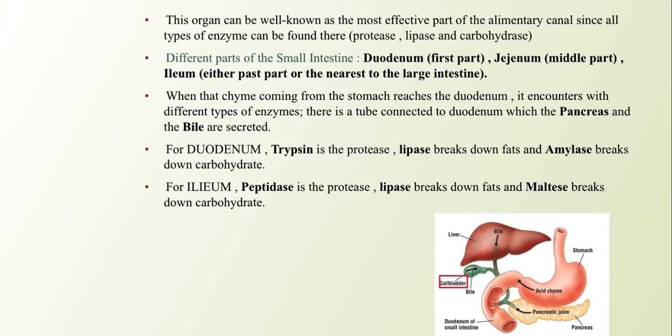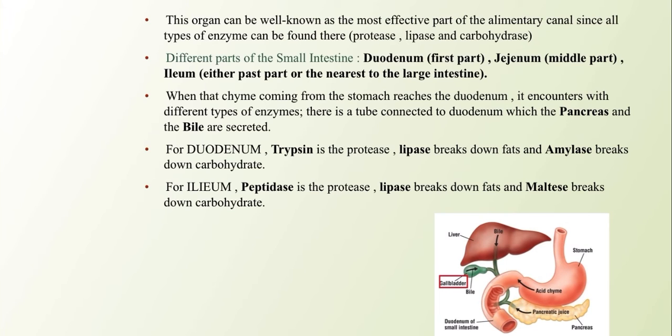Different parts of the small intestine: the duodenum, the first part; the jejunum, the middle part; and the ileum, the last part, or the nearest to the large intestine. When the chyme coming from the stomach reaches the duodenum, the first part of the small intestine, it encounters different types of enzymes. There is a tube connected to the duodenum, through which the pancreatic juice and the bile are secreted.